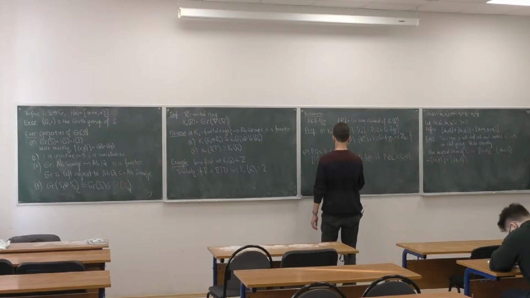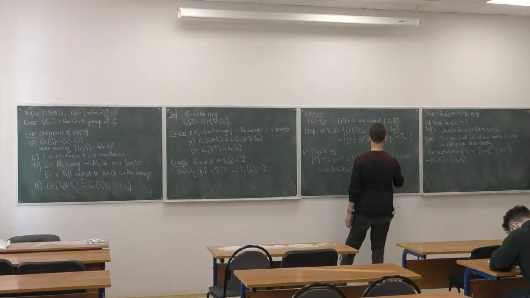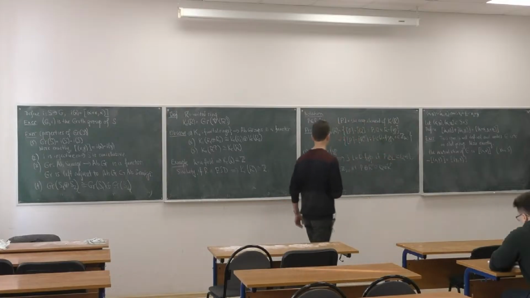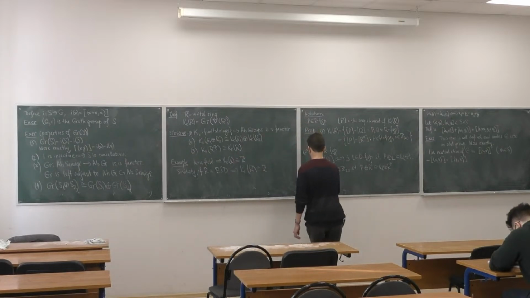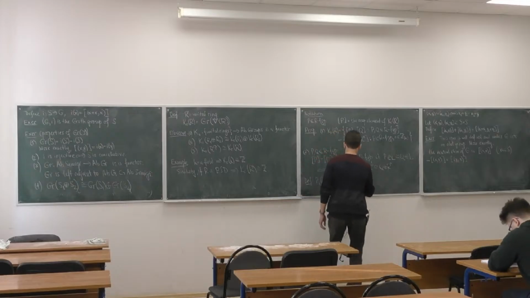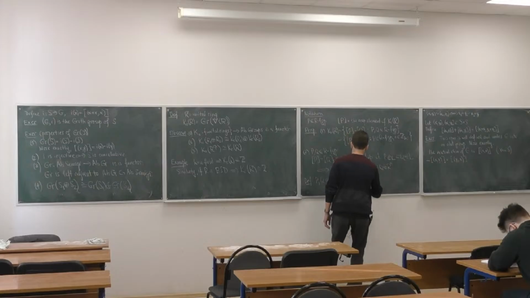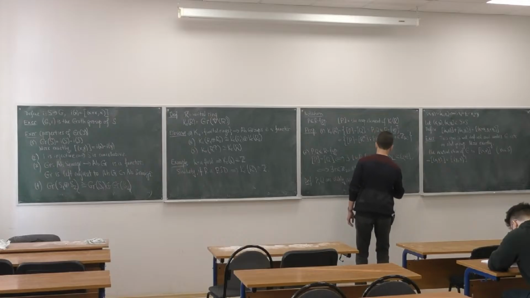There is a non-negative integer n such that P plus R^n is isomorphic to Q plus R^n. And there is a special name for this property. Such modules are called stably isomorphic. P and Q are stably isomorphic if they satisfy condition 2.